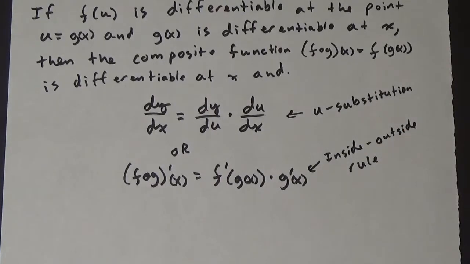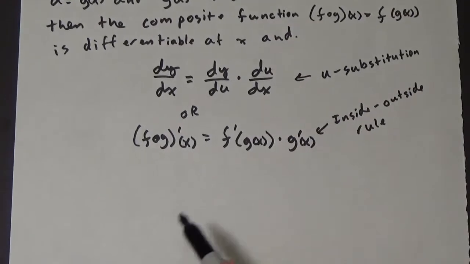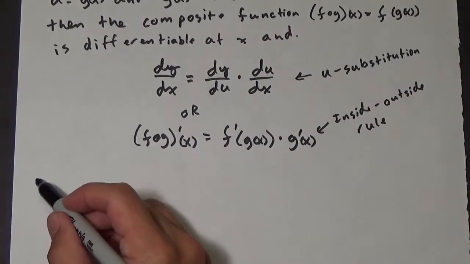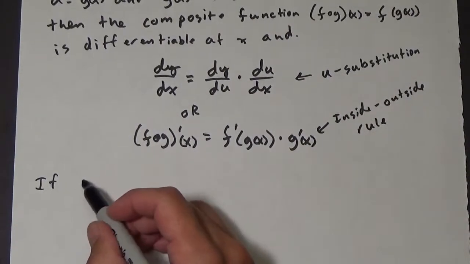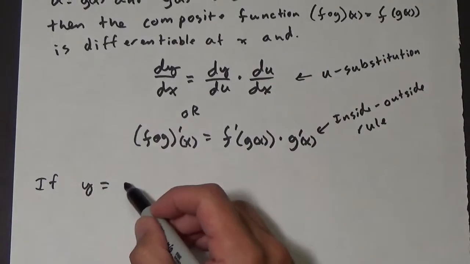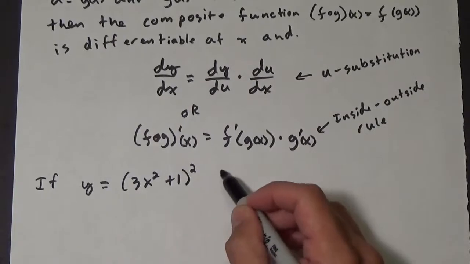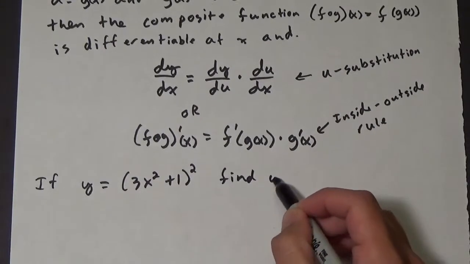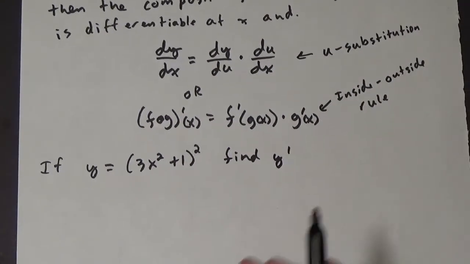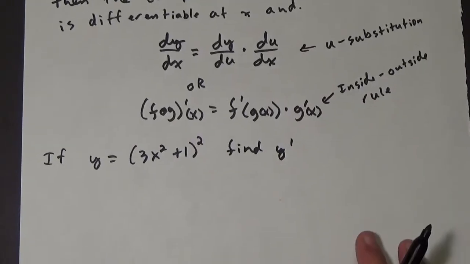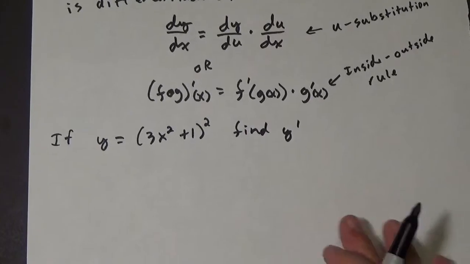So let's go back to our problem. If y equals (3x squared plus 1) squared, we want to find y prime. So let's first solve this by using u substitution.